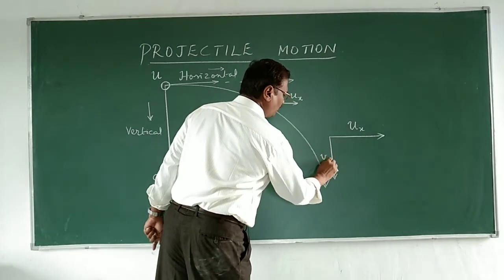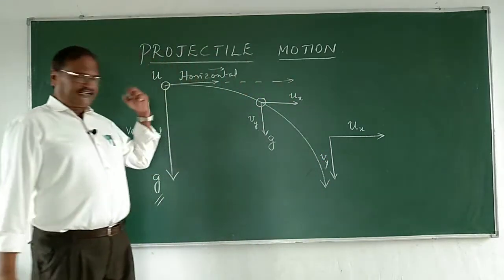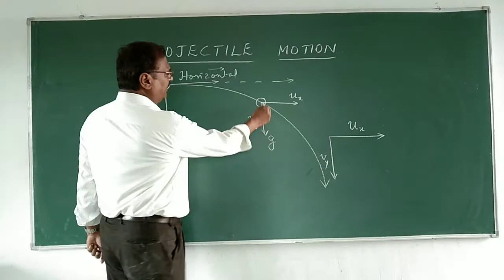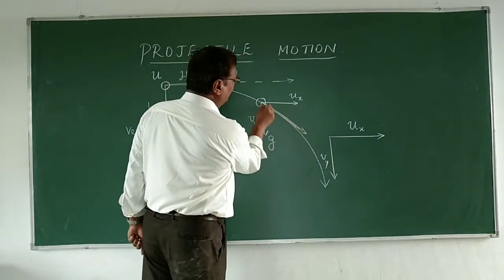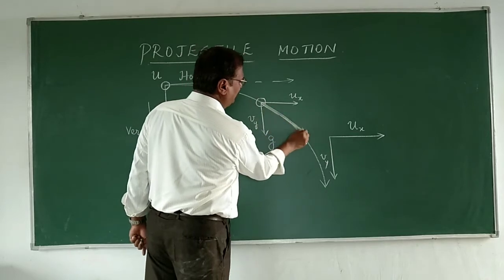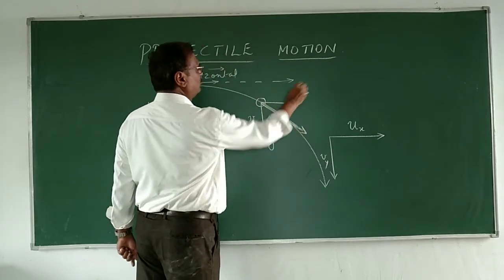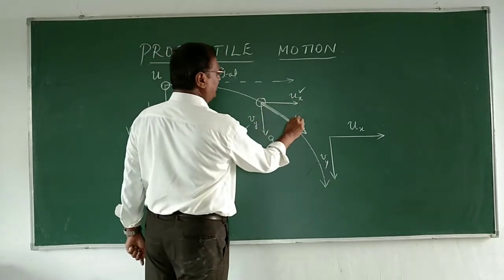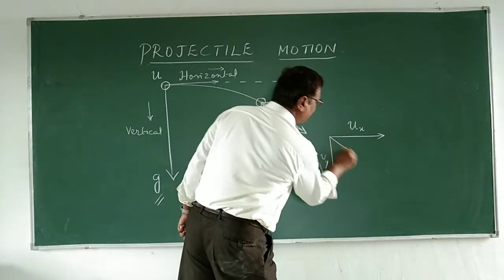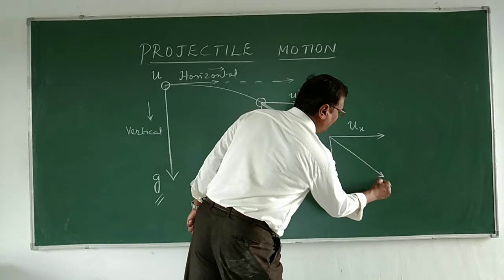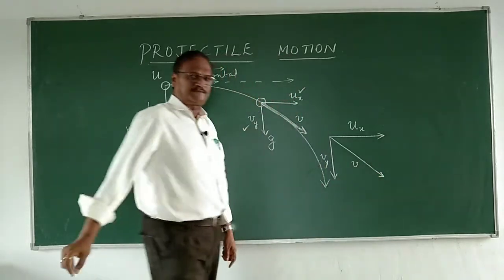In reality, the body is tracing a path like this. This is the final velocity, the resultant velocity under the influence of the x component and y component. Let us call it V.